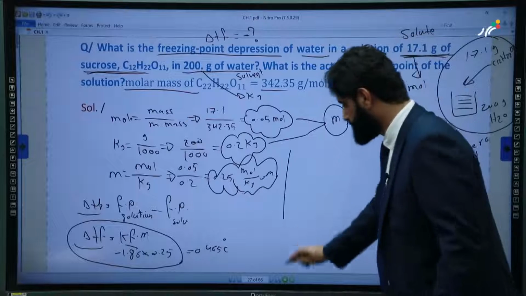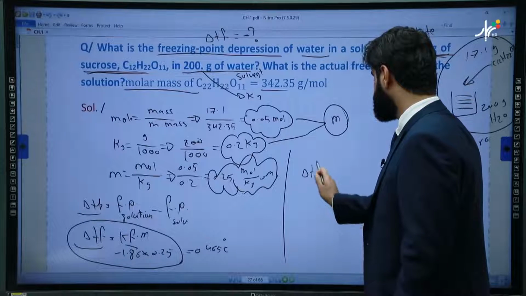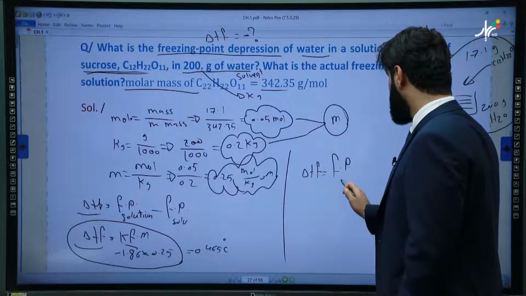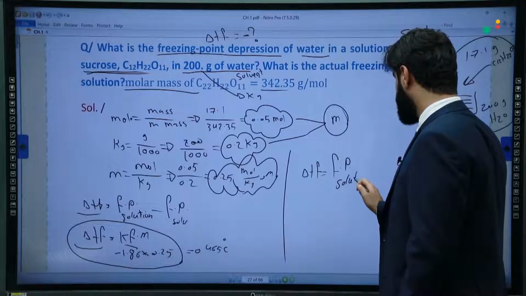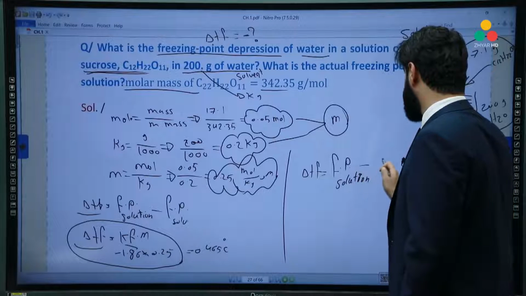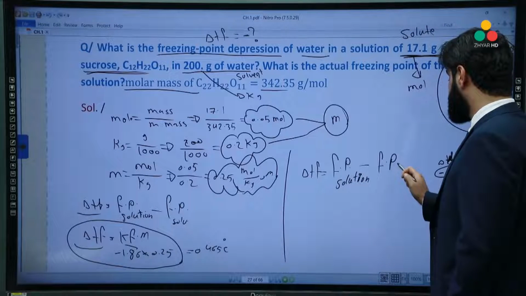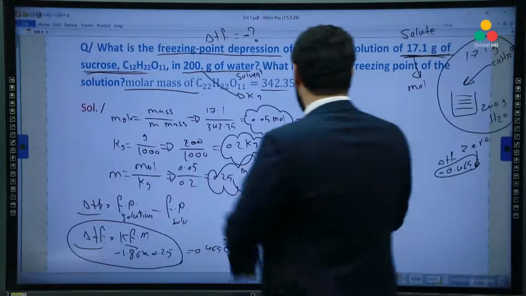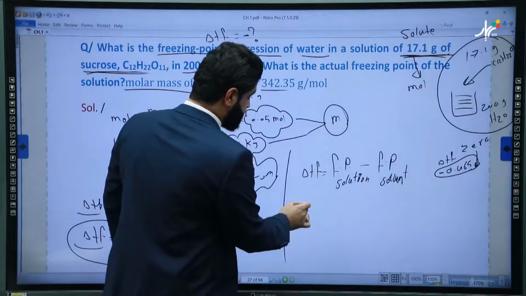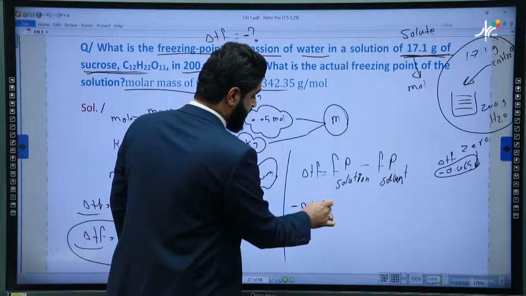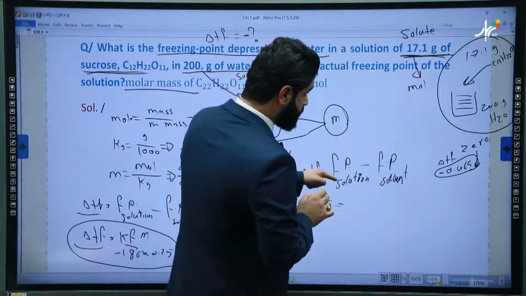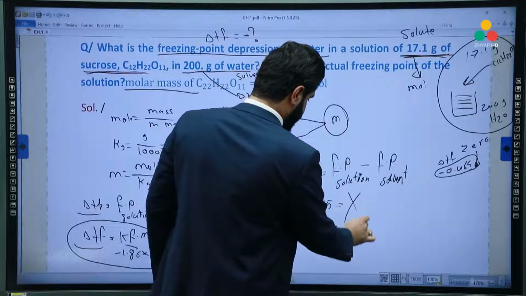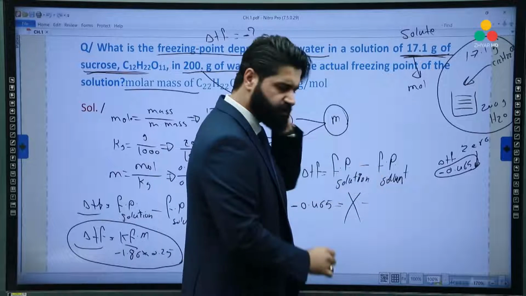Well, let's calculate. Delta TF equals the freezing point of solution minus the freezing point of solvent. Delta TF is negative 0.465 equals the freezing point of solution, which we are looking for. Well, I just put X minus the freezing point of solvent.